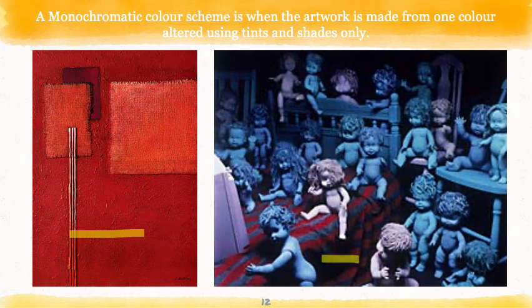And this one is more on the color blue with particular tints and shades, which make up a monochromatic color scheme. As you can observe, this monochromatic color scheme gives a particular airy effect or mystery to an artwork.